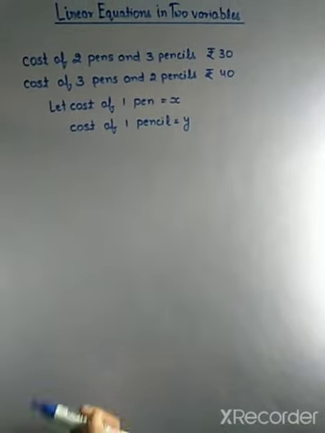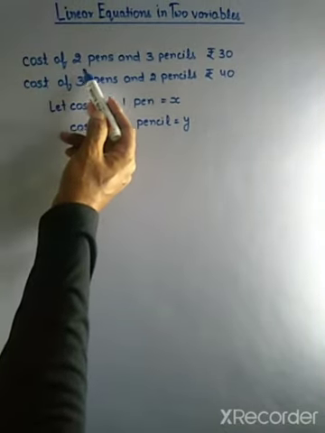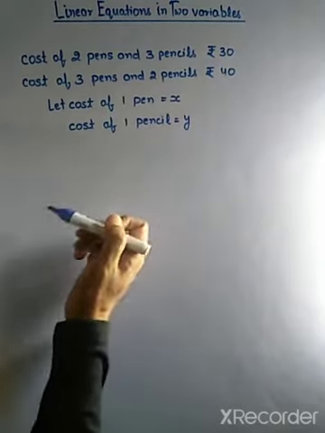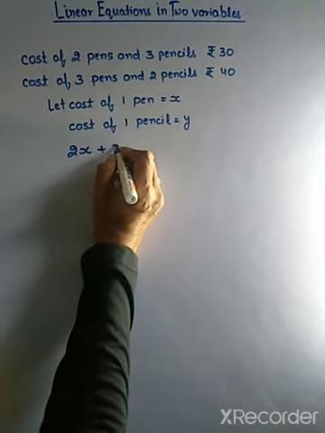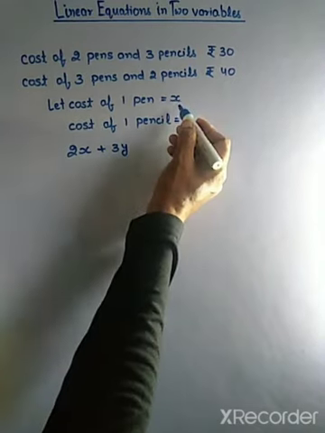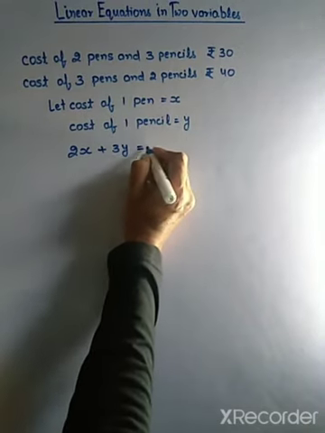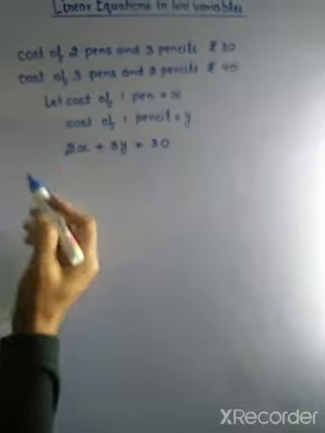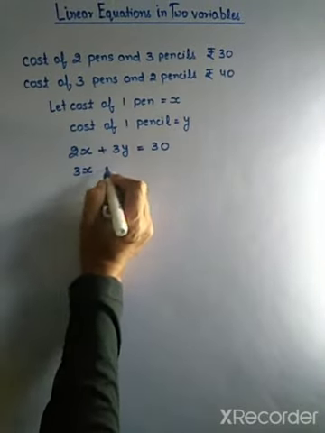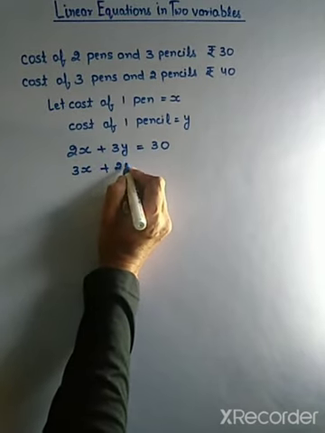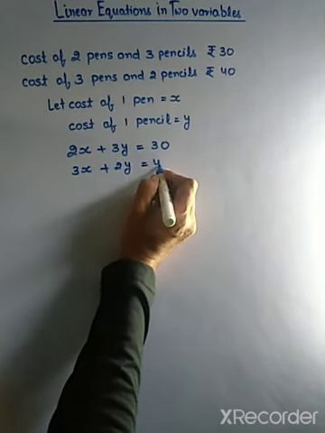Let us suppose this. Now it is given that the cost of two pens and three pencils is rupees 30. So the cost of two pens and three pencils, that is 2x plus 3y, equals 30. Again the cost of three pens, that is 3x, and two pencils, that is 2y, is 40.